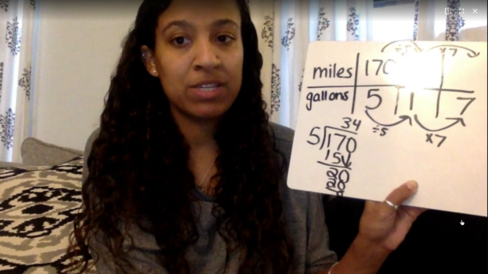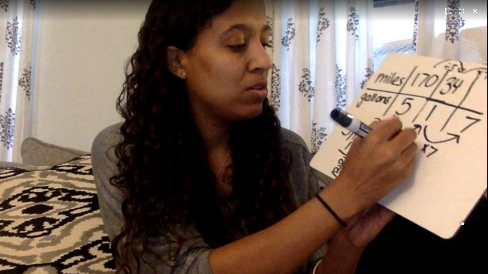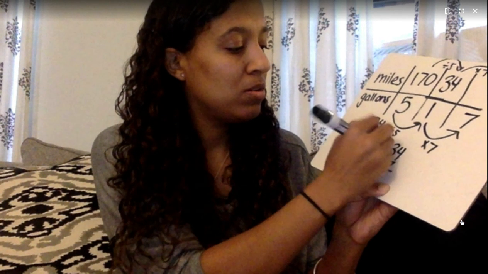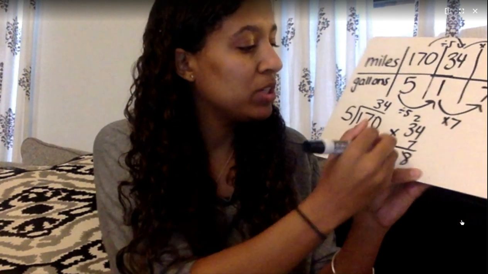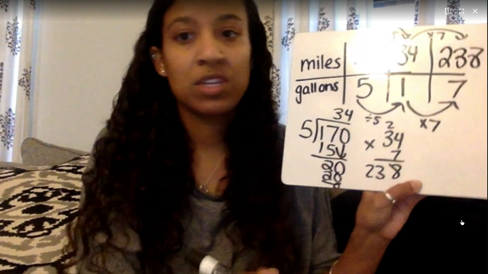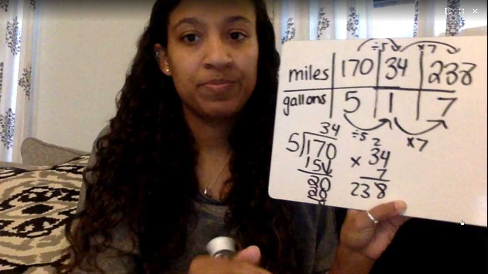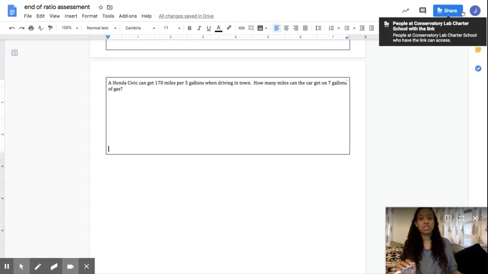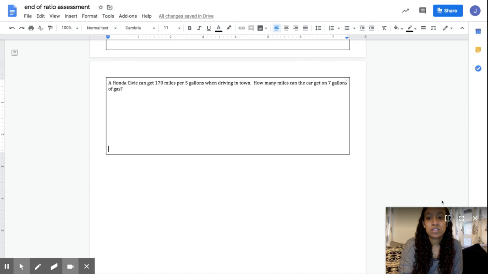Both parts of my ratio by the same number. 28, 21, and 2 more. 238 for 7 gallons. So as you're solving your work today, I want you to think about how this ratio table is going to help you with your work. So set it up, work carefully, and do your best.